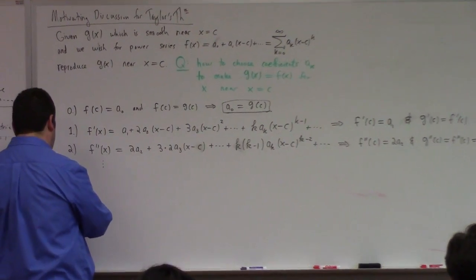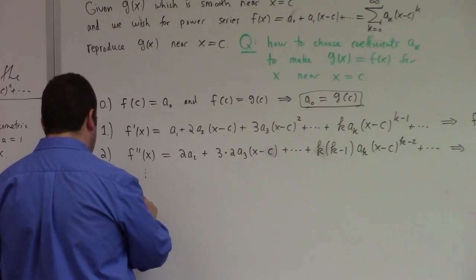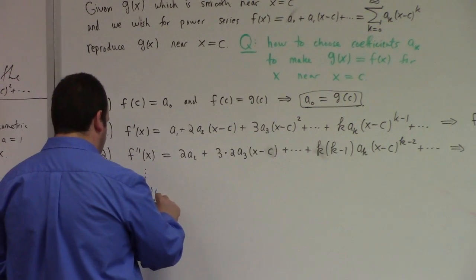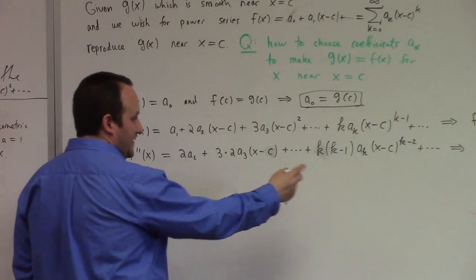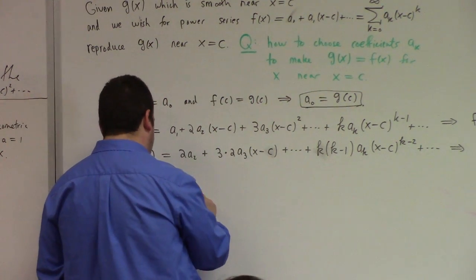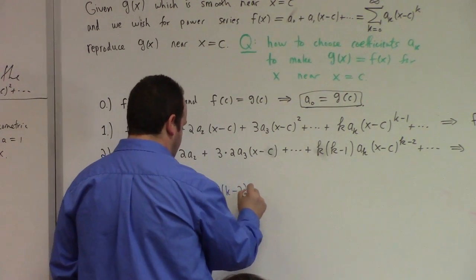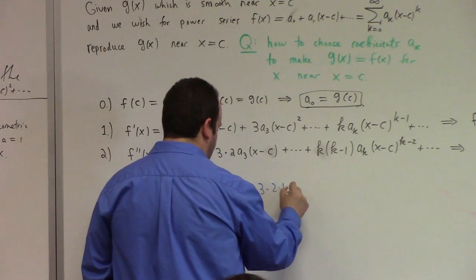Hey. The kth step, since we started from 0. The kth derivative at x is going to be what? By then, this term has moved all the way over here, right? And you've got k times k minus 1 times k minus 2, dot dot dot, 3 times 2 times 1, a sub k.